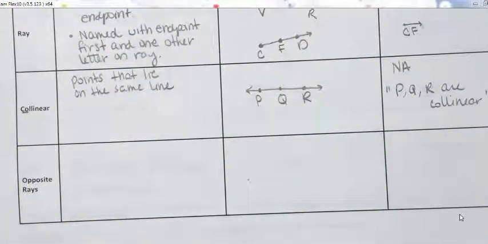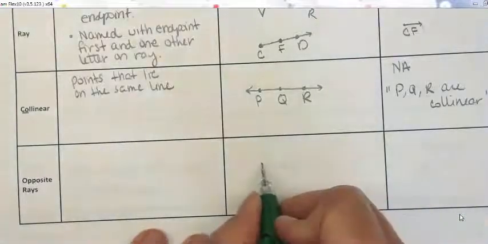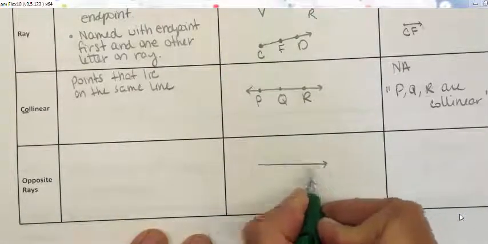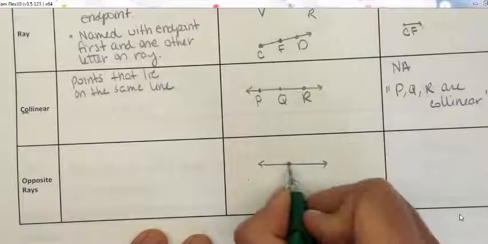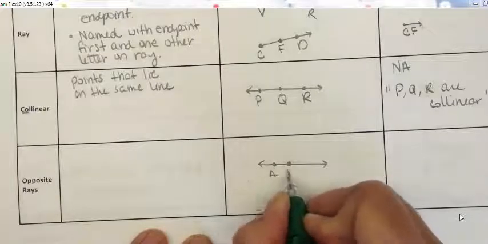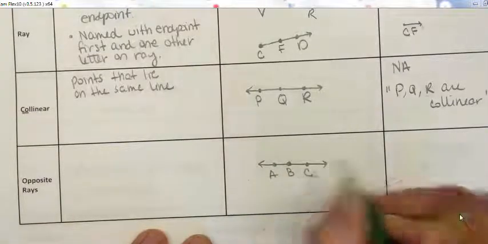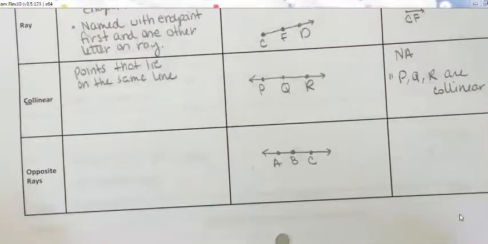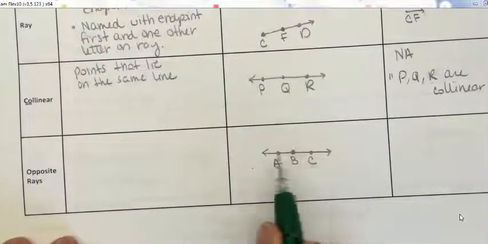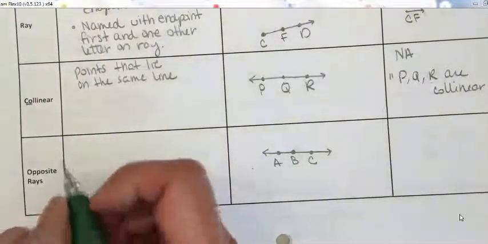And then lastly, we'll talk about opposite rays. Two rays that share an endpoint and form a line. So if I gave you a line, I'll just put A, B, and C on here. Right here you have two opposite rays, and I'll show you what they are in a second.